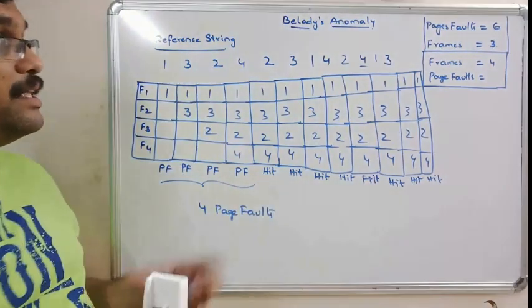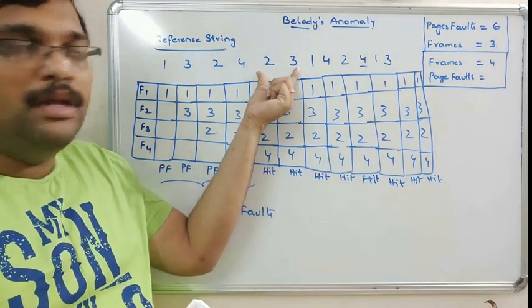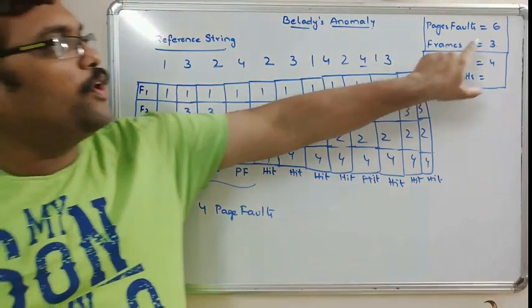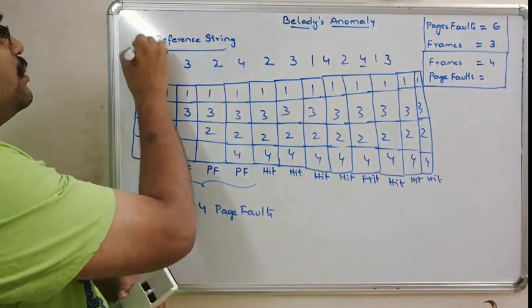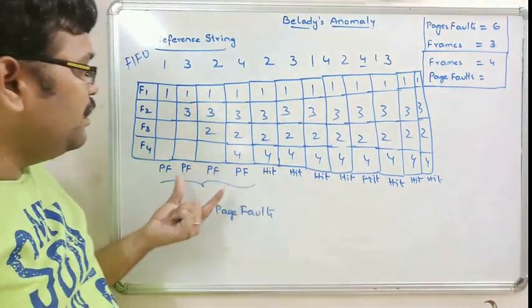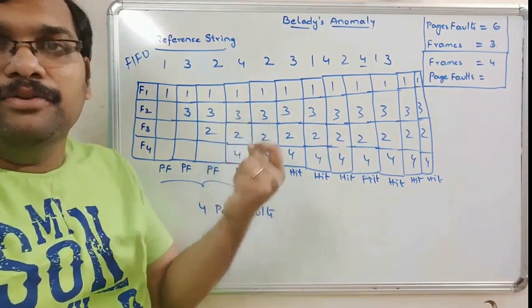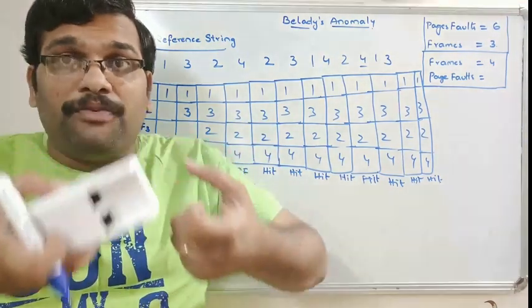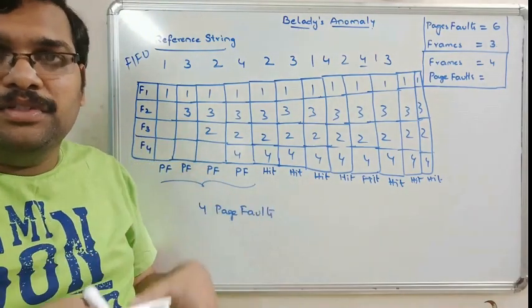We applied the same reference string using the FIFO algorithm with 3 frames. We got 6 page faults, and this is also FIFO. We just followed FIFO, but here we got only 4 page faults. So it reduced. If you increase the number of frames, automatically the page faults will be reduced.